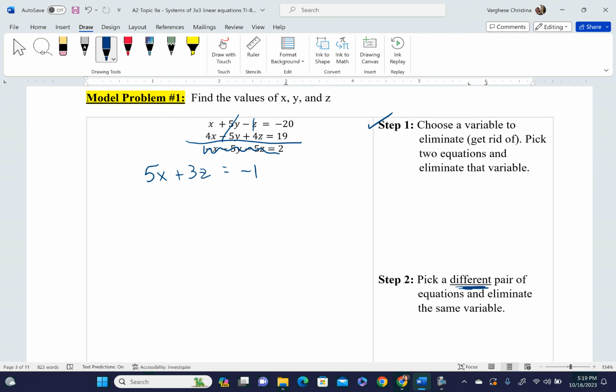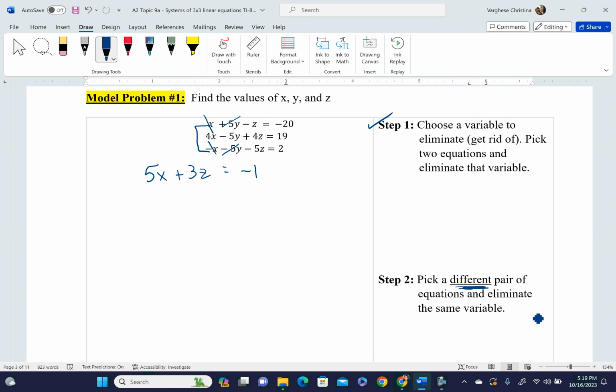And so now you pick a different pair. Before I chose 1 and 2, so now I'm going to choose 1 and 3 for similar reasons. This 5y, this negative 5y, when I add them together, these are going to cancel out. Oh, x and the negative x are also going to cancel each other out.